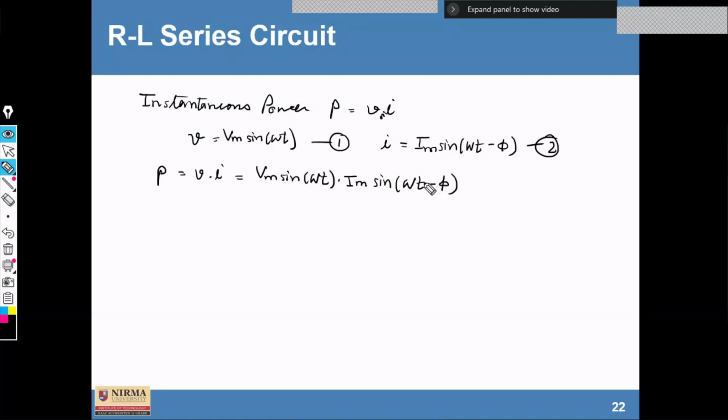Clear. Now here there is a term sin into sin. So we multiply by 2 and divide by 2.